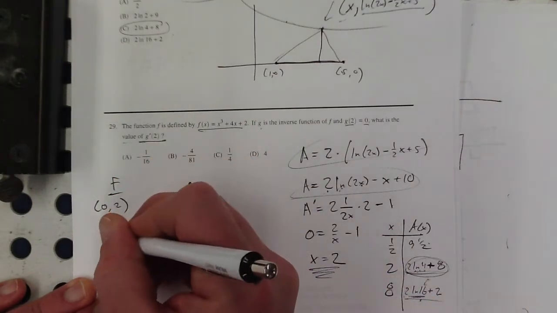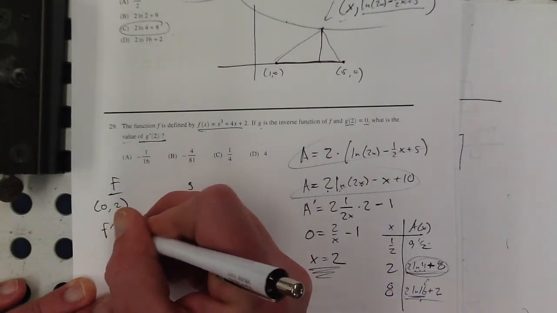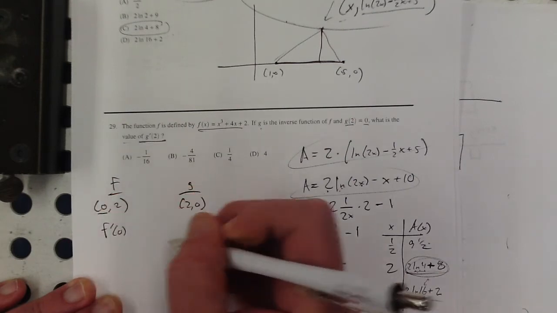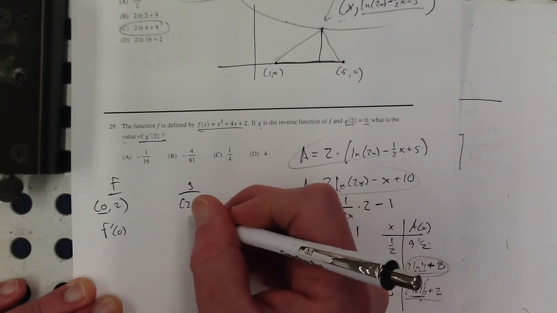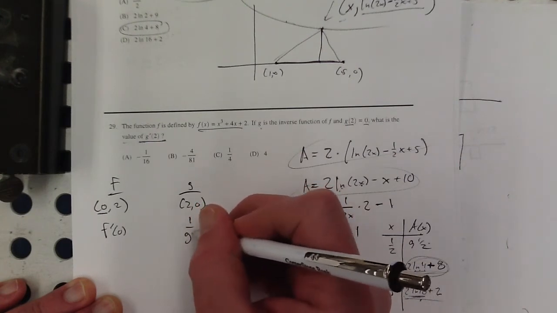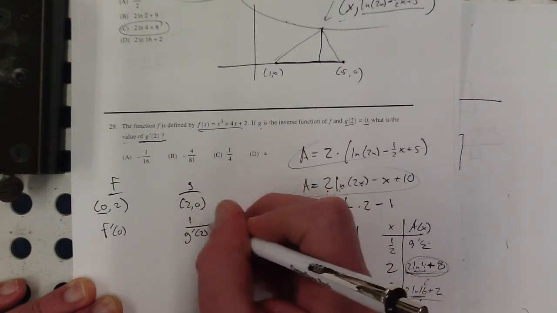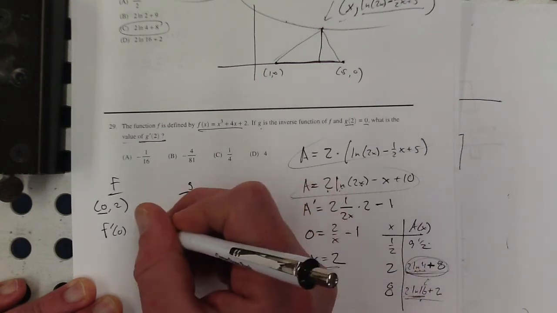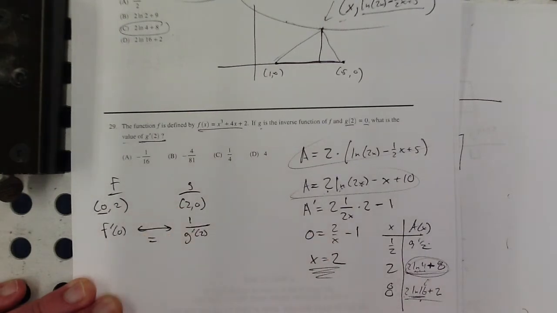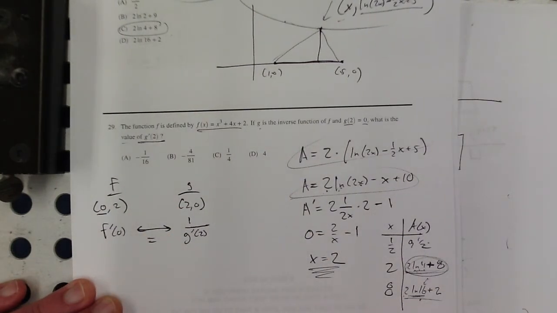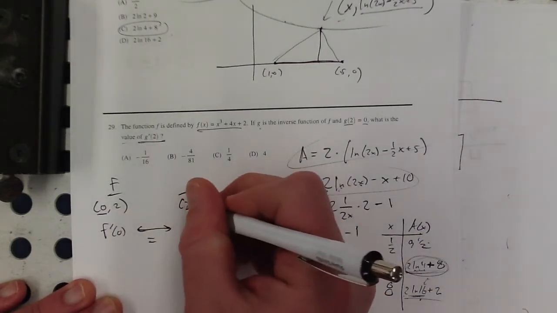And that means that f prime of 0 is the upside down of g prime of 2, those are equal to each other, right? The slopes are upside down of each other at those related points.